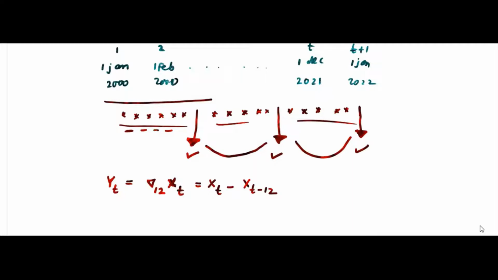Suppose you start writing here x1, x2, x3, x4, x5, that way, x12, x24, that way. So we want xt minus xt-12. With delta 12 here, you will be able to get data which will look consistent, and then you can apply a time series model to forecast.